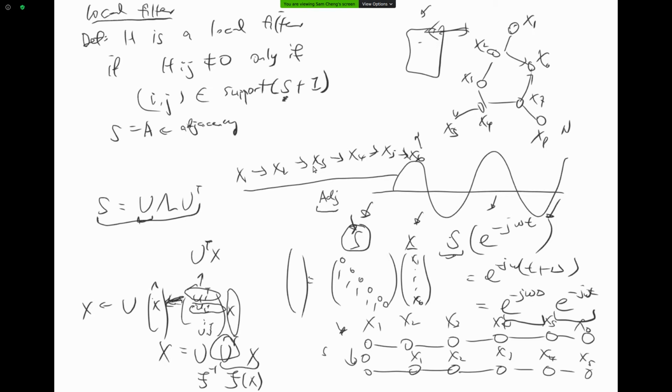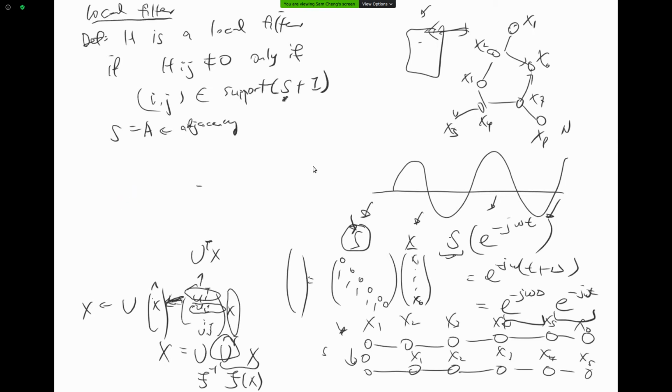As a review, the adjacency matrix has A_ij equal to 1 if and only if (i, j) is an edge.